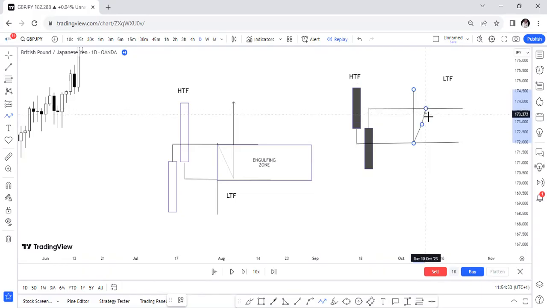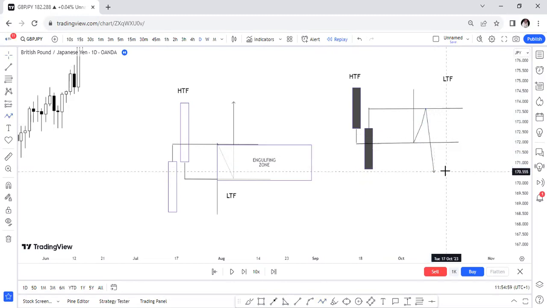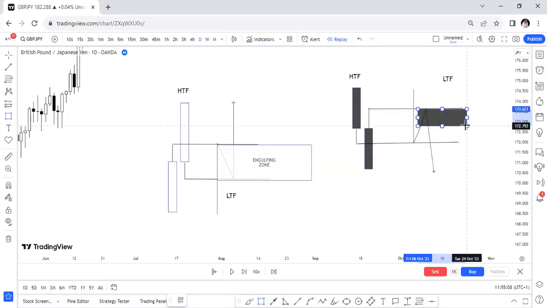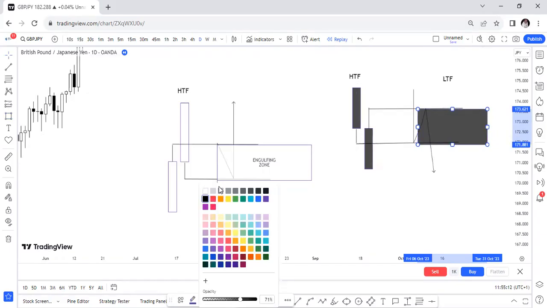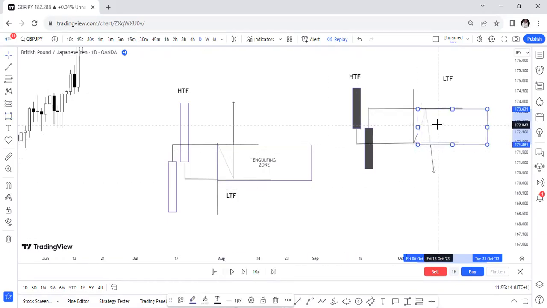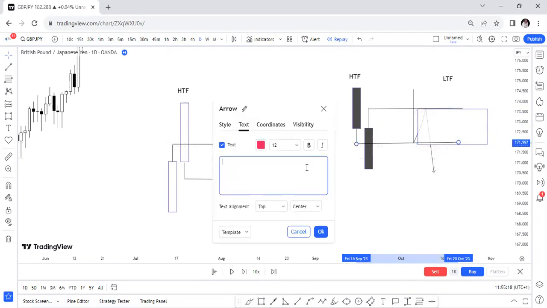It starts coming down. Sellers will try to battle it down to this lower low, to this new low. So this place has become what we call an engulfing zone, which was hidden in a higher time frame.